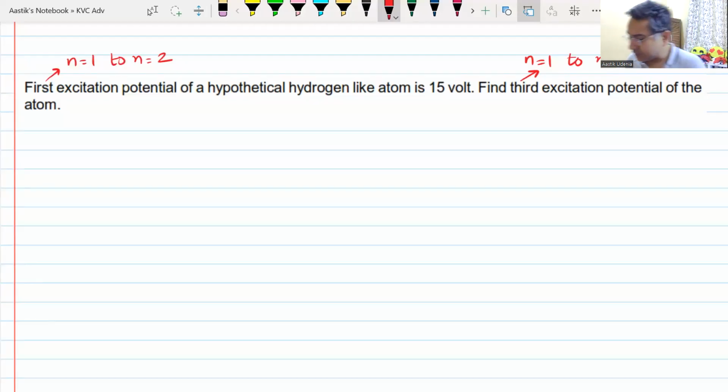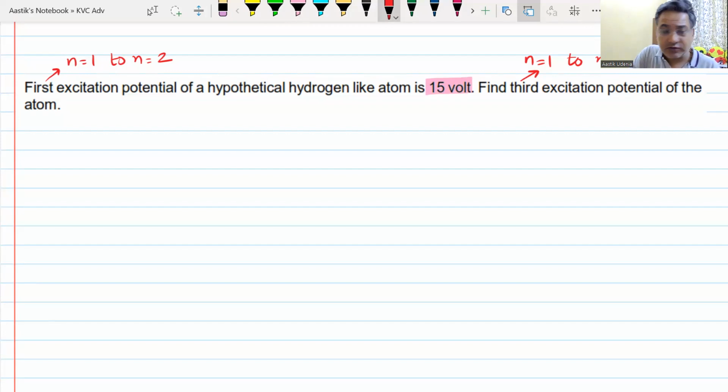So how are we supposed to do this? The first excitation potential is given as 15 volt. So what is the first excitation energy?